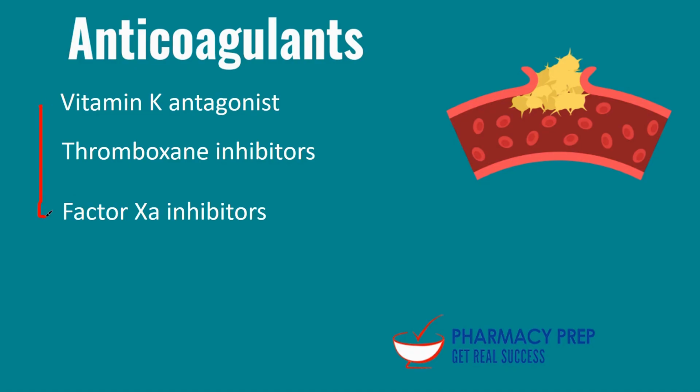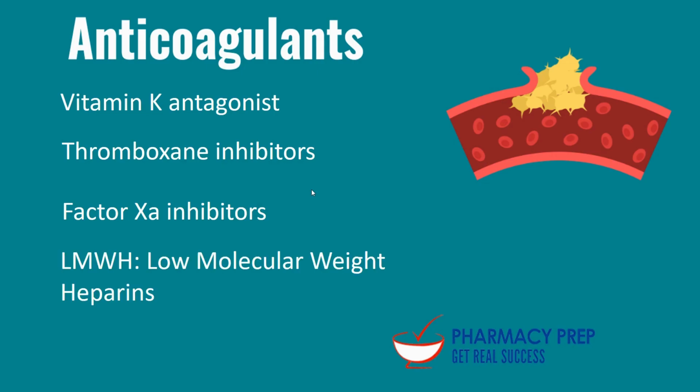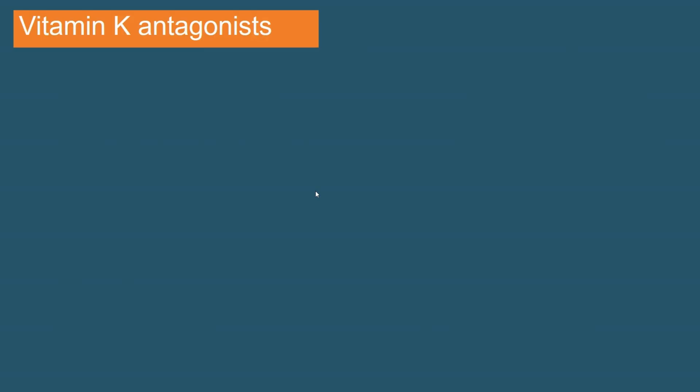Long time ago, there used to be only one oral anticoagulant, that is the vitamin K antagonist warfarin. However, now you have three classes of drugs that are considered oral anticoagulant therapy. And then you have low molecular weight heparin, which comes as injections, or subcutaneous injections.